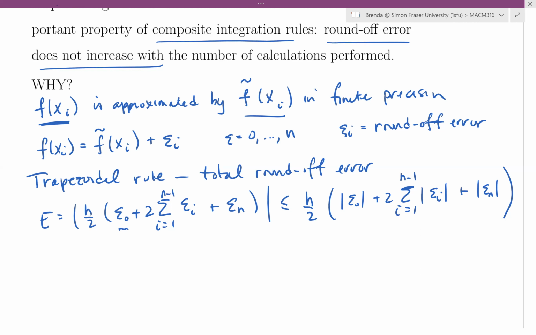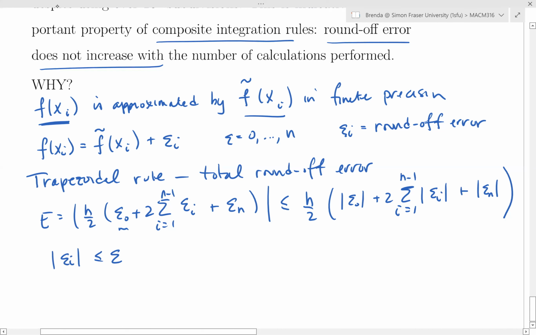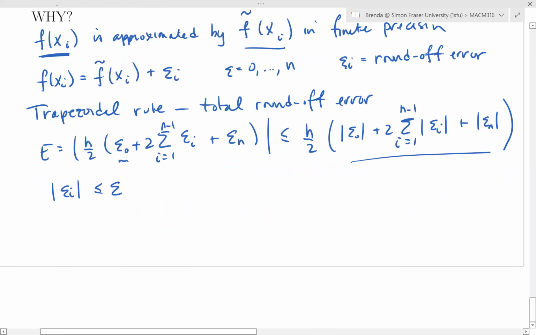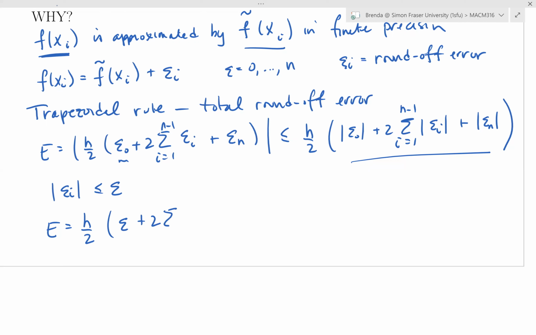Now, let's take an upper bound on all these guys. Each one of these calculation errors is going to be less than or equal to some bigger number, that's the maximum of that. Then that allows me to add these things together. So that means that the error is going to be h over 2 times, this guy is going to be epsilon, and that's 2 times epsilon plus epsilon plus epsilon.